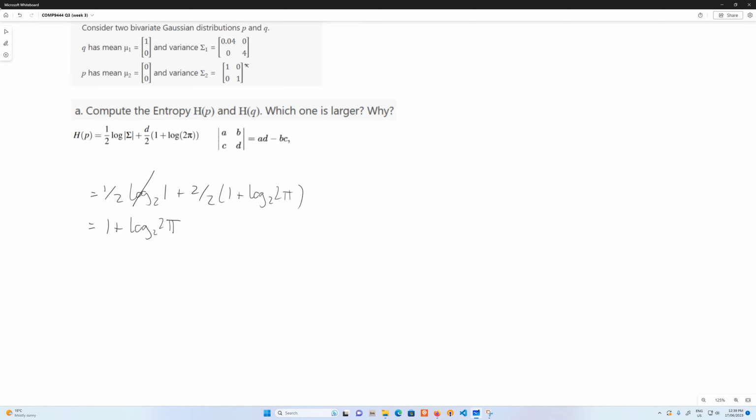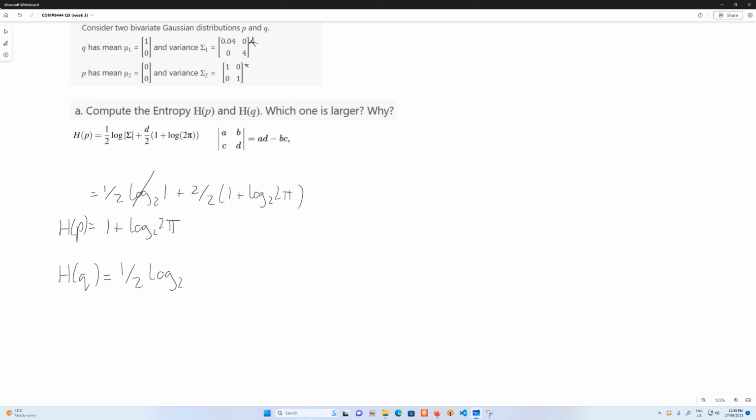Let's go ahead and do the same thing for distribution Q now. Let's put an HQ here. We do the exact same thing. 1 divided by 2, log 2, and we need the determinant of the covariance matrix for distribution Q, which is up here.